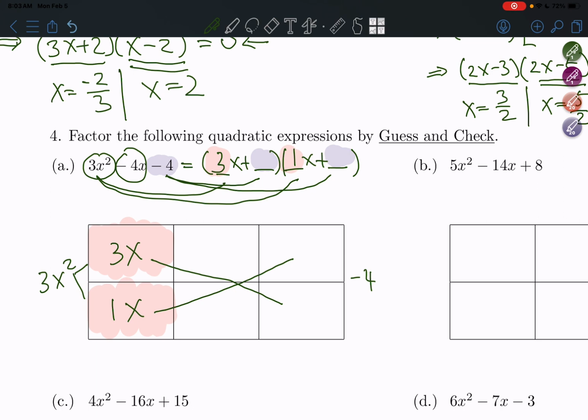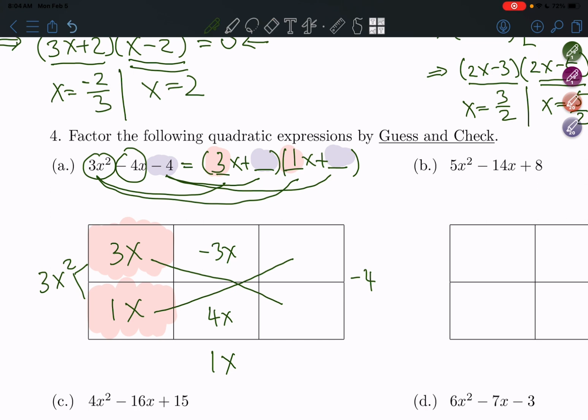How about 4 times negative 1? Play that same game. 3x times negative 1 is negative 3x. 1x times 4 is 4x. Add that together, you get 1x. Not what I'm looking for. So that's not the right choice.